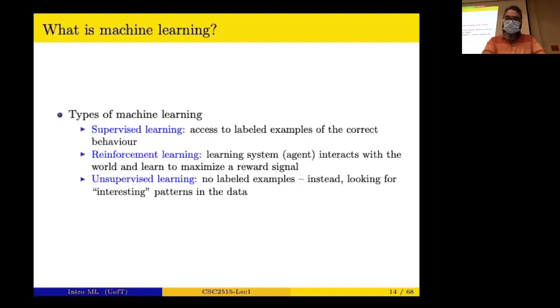So for reinforcement learning, is this reward signal predefined? Yes, at least my simple answer is yes. The environment gives the reward signal, or if we design a system, we define a reward signal and we give it to the agents.